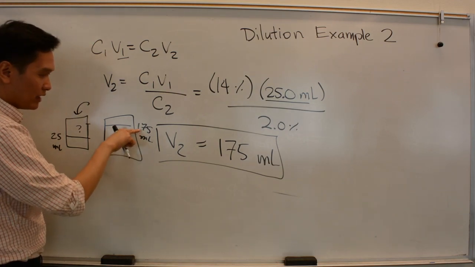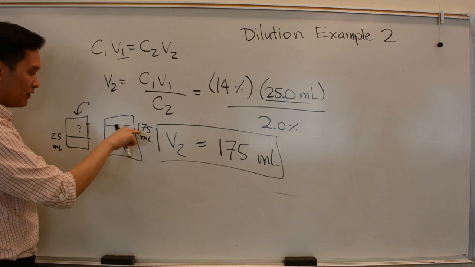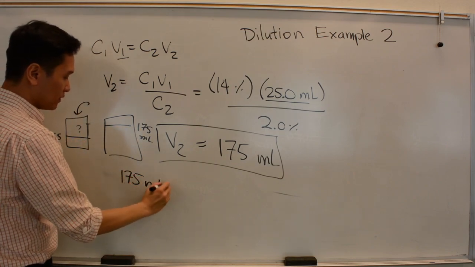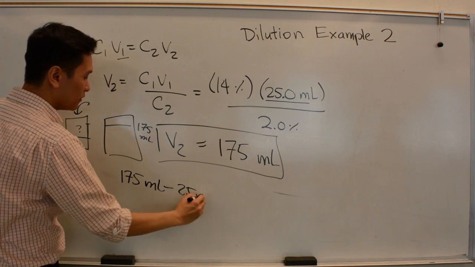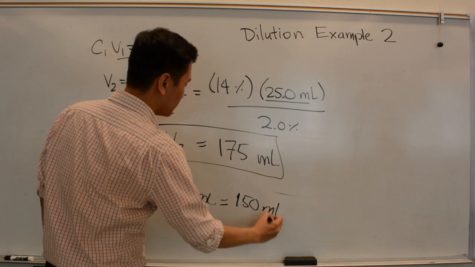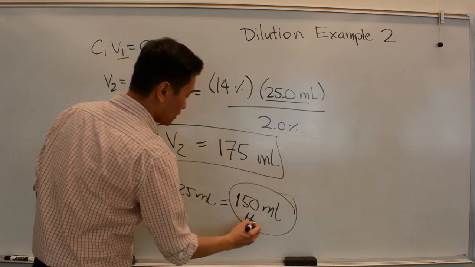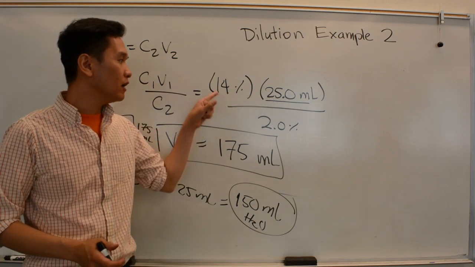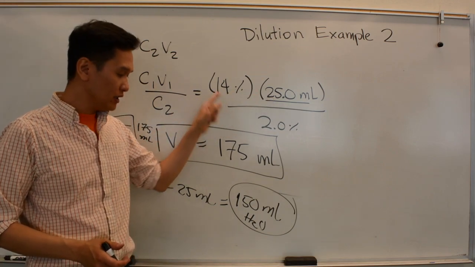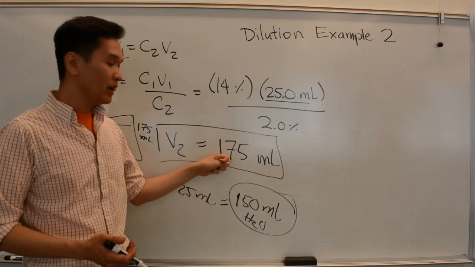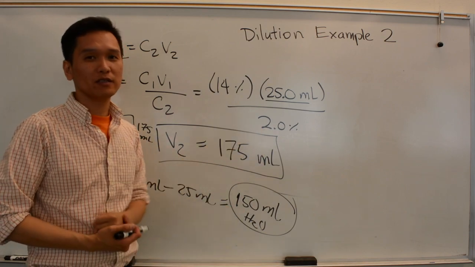Wouldn't that just be a difference? 175 minus 25. That will give you 150 ml. So in order to do this dilution, you take 25 ml of the 14% solution, you add 150 ml of water into it, then you would get 175 ml of the 2% solution.